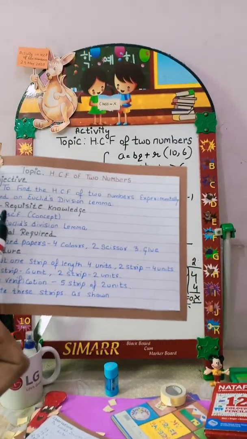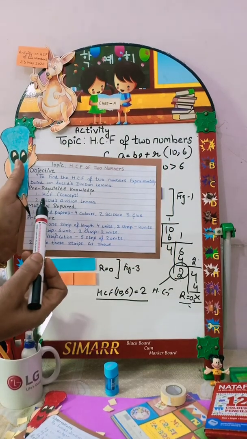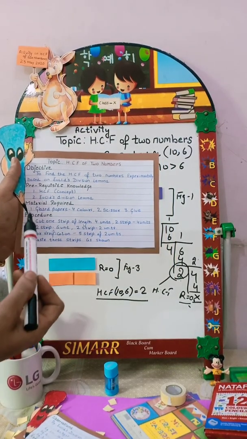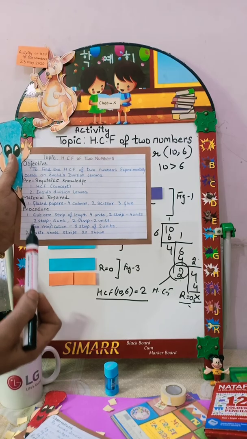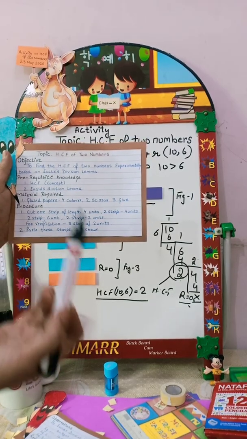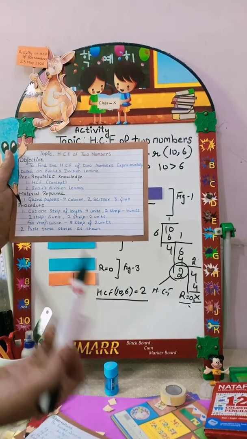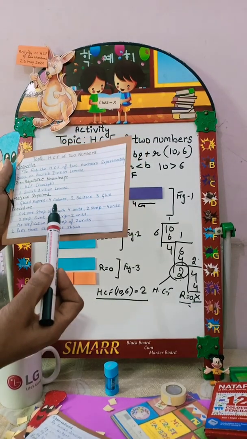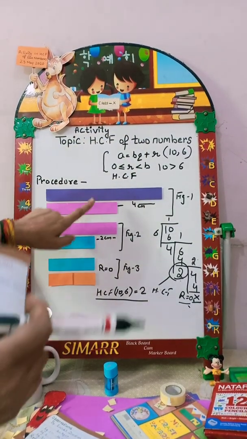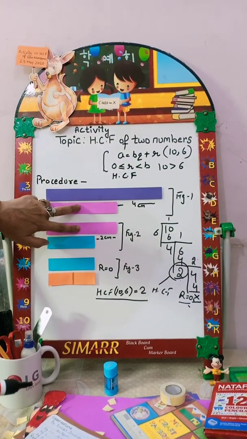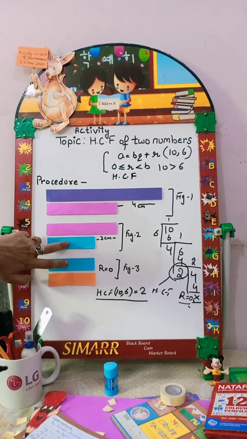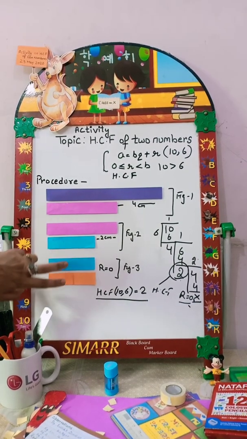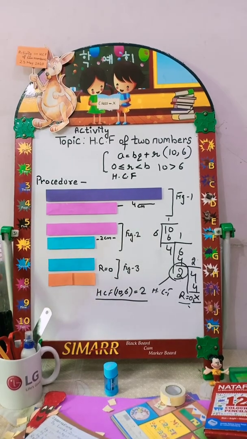Third is prerequisite knowledge: HCF and Euclid's division lemma. Material required: glaze paper in 4 colors, scissors and glue. Procedure: cut 1 strip of 10 cm, 2 strips of 6 cm, 2 strips of 4 cm and 2 strips of 2 cm.